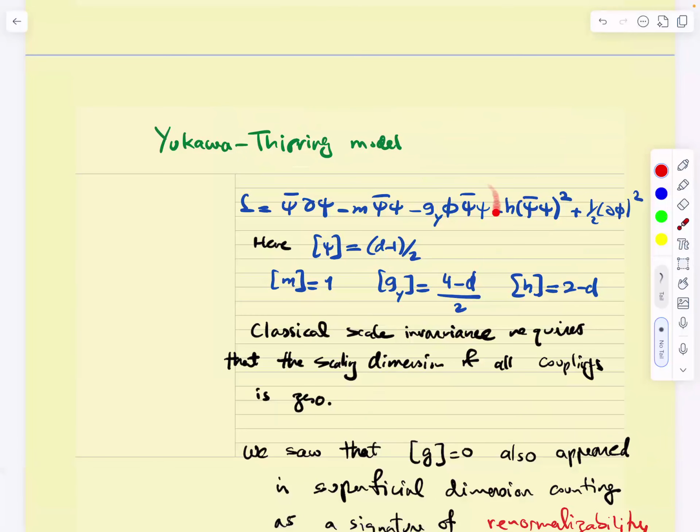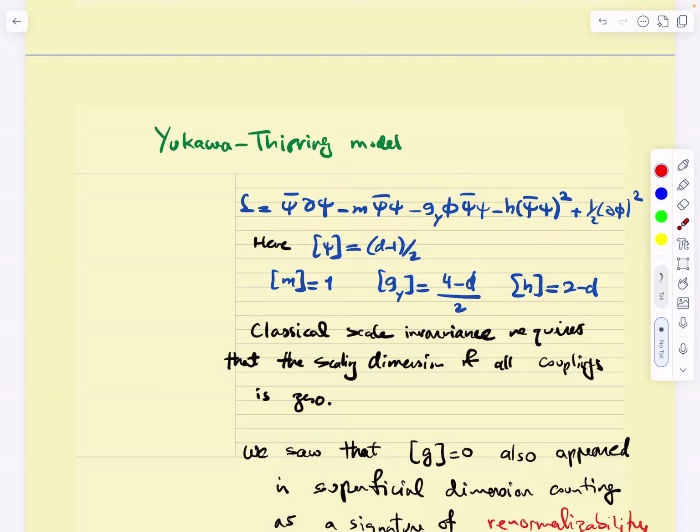So this is a Yukawa interaction, right? The Yukawa theory has a free scalar field and a fermion, and there's this interaction. Here we're giving mass to the fermion, and also we're considering h times psi bar psi squared. This is a 4-point interaction for the fermion.